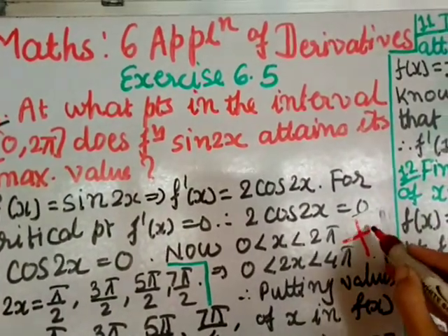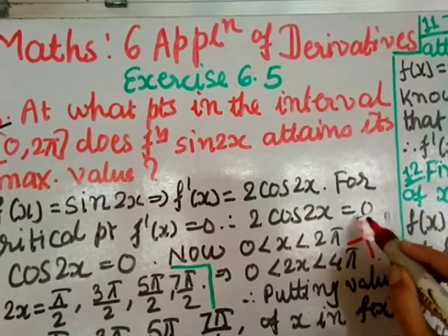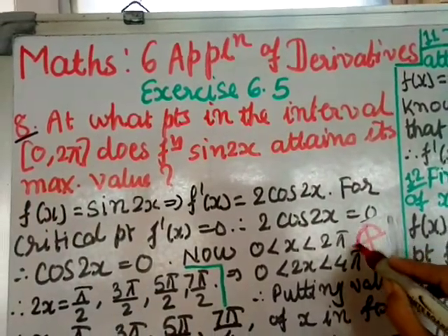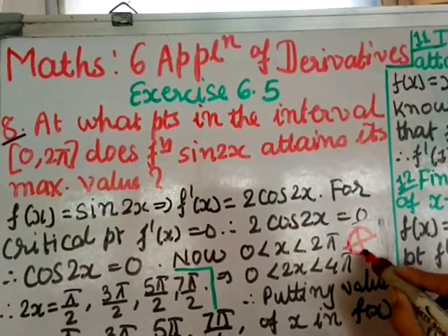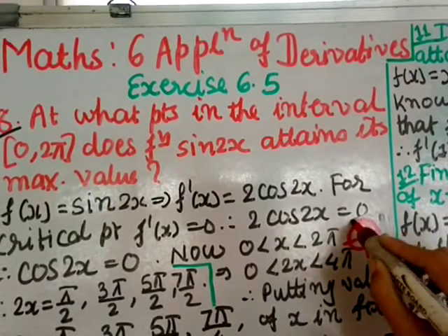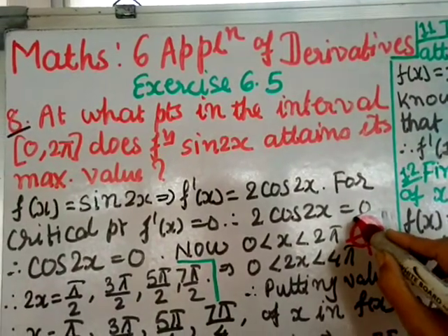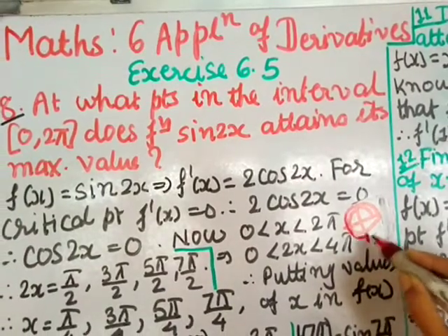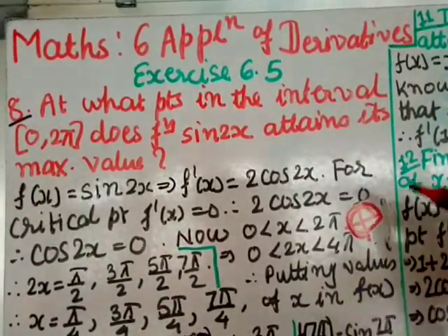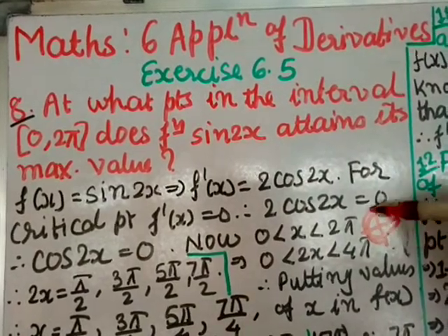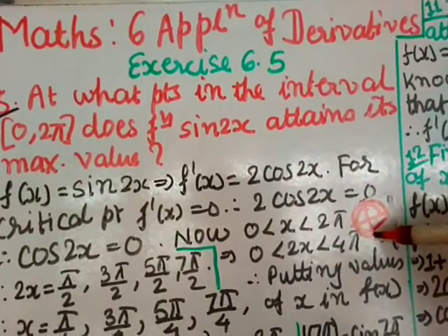Here comes the angle π/2, where cos is 0, then 3π/2 where cos is 0, then again here cos is 1. Take one more round: here comes 5π/2, where cos is also 0, then 7π/2, where cos is also 0. So cos is 0 at π/2, 3π/2, 5π/2 and 7π/2.